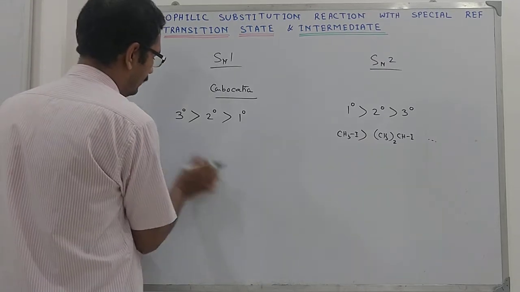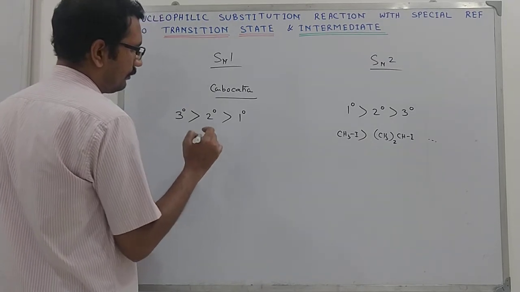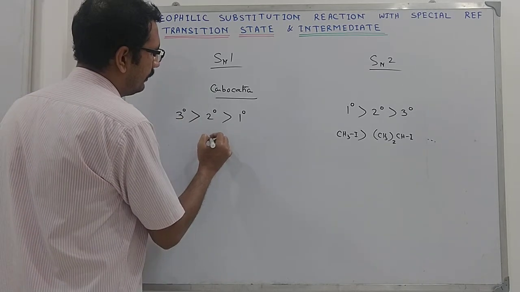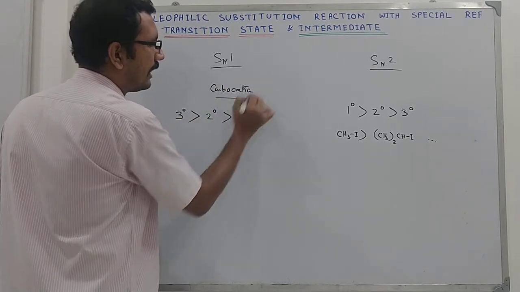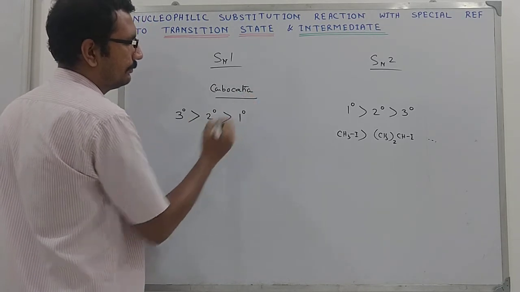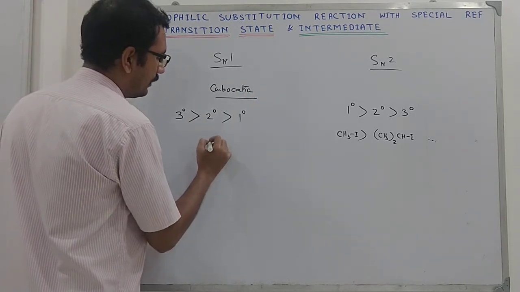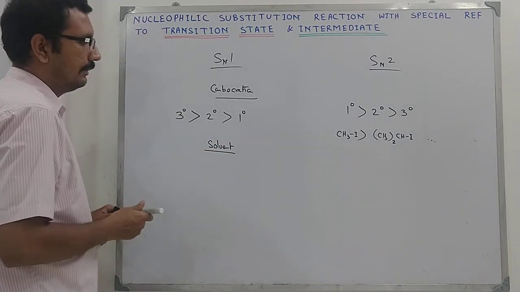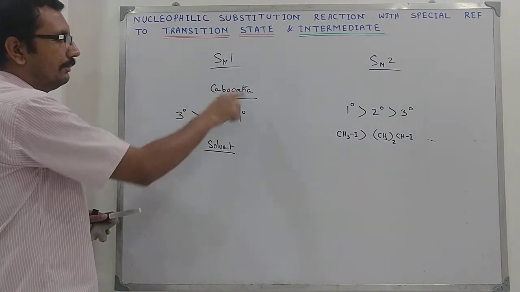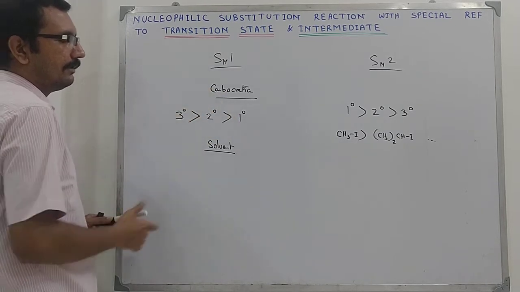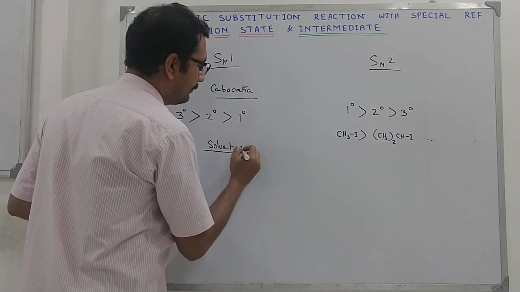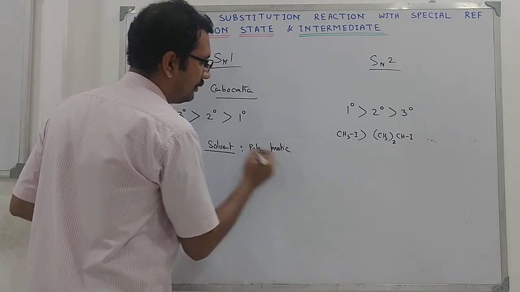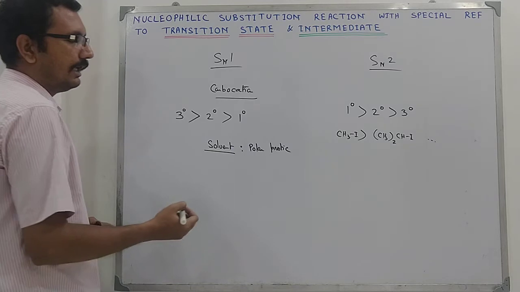Now, can the solvent guide the rates? You need to stabilize this carbocation and the leaving group. So a solvent with a high dielectric constant is required to stabilize this carbocation. So that should be polar protic. It must be both polar and protic, like H2O.